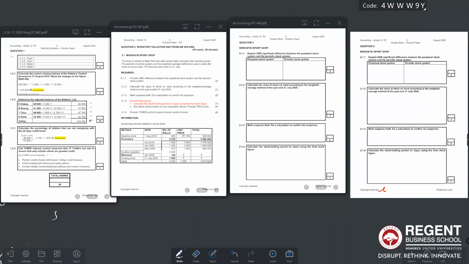The first question that they're asking you, the two methods: you've got the periodic inventory system, and the second one is the perpetual or continuous inventory system. They want you to give one difference between the perpetual and the periodic inventory system.